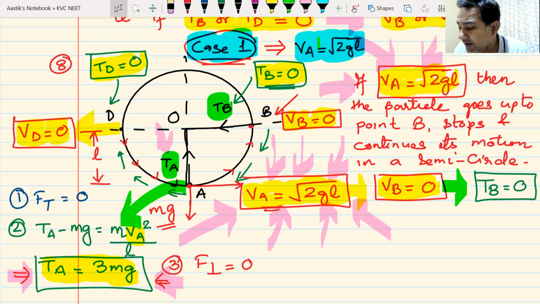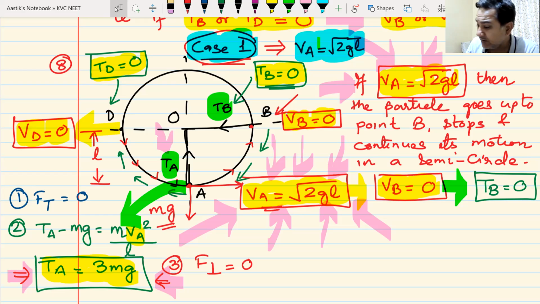And we had seen that if the speed at the lowest point, point A, is exactly equal to root of 2gl, the particle will go to the middle point, the diameter point B, and then it will stop there. Tension and speed both become zero, and then it will keep on moving in that semicircular half.